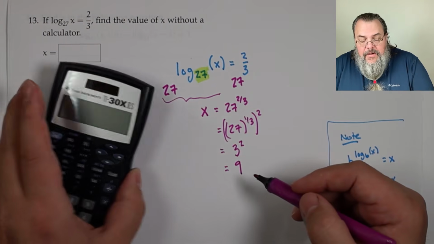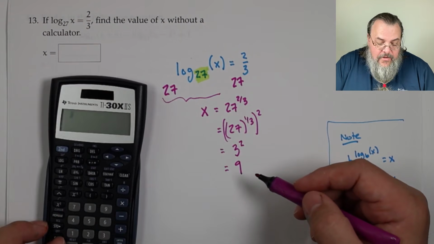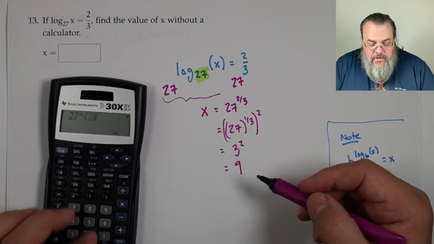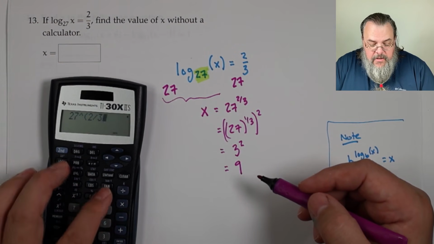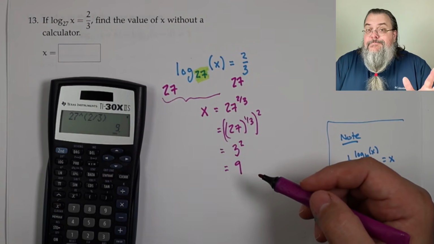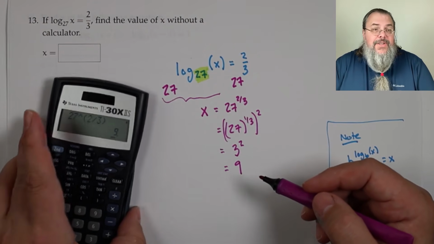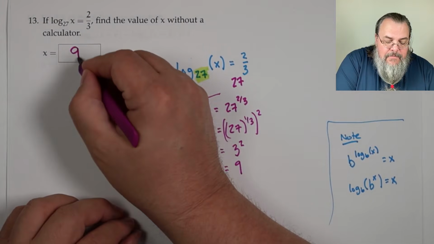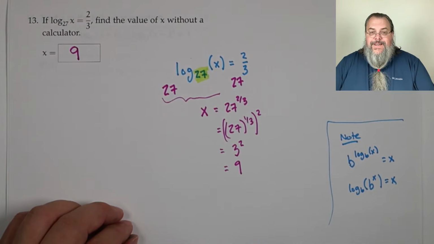And like I said, they'll never know if you use their calculator, so we can even try this. 27 to the power 2 divided by 3, and that gives us 9. Okay, it works. The theory is true. So there's our answer: x equals 9.